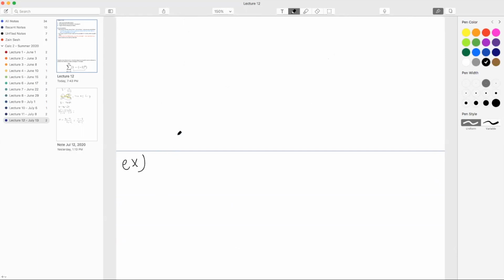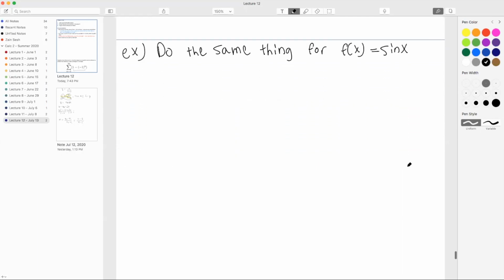Okay, next example, we're going to do the same exact thing for sine of x, okay? Do the same thing for f of x equals sine of x. All right, so by a previous example, we already have the closed form for the Taylor series for sine of x.